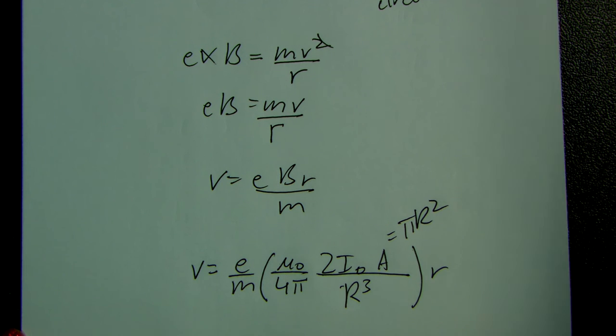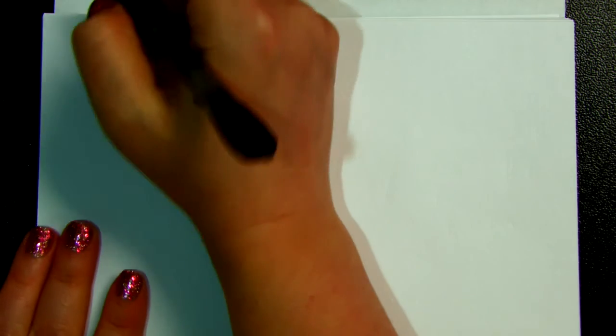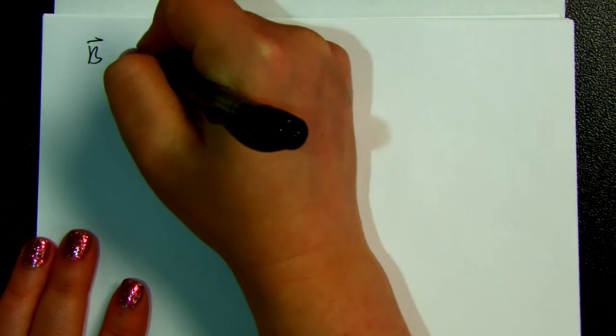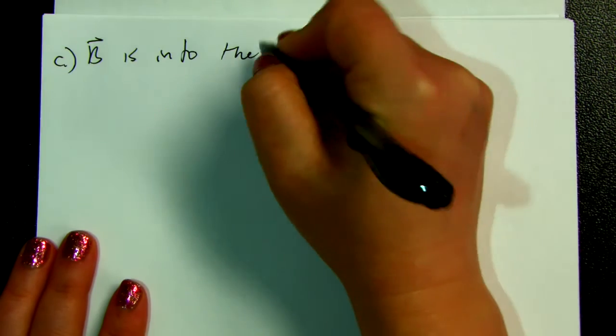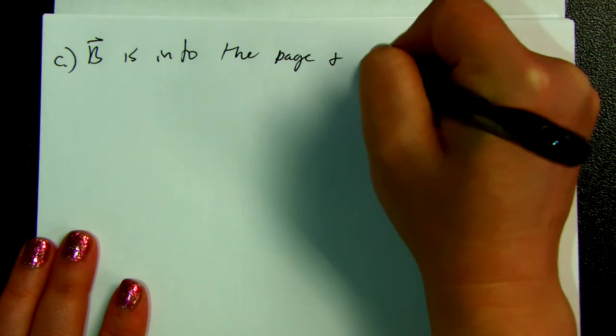Okay, part C. Now we've got a current. Let me read that part to you again. The current was constant for a while, but at a certain time t naught, it began to decrease slowly. That's the most important part of that problem: we've got a decreasing current. So B is into the page and decreasing.